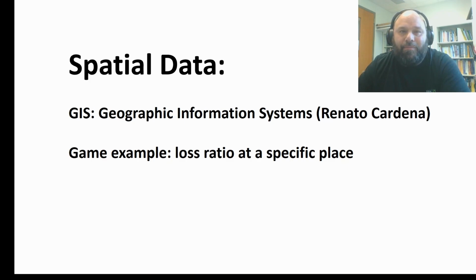You could look at where the character is in the environment and how likely they are to succeed in a given contest, controlling for lots of other things like the skill level and the weapons they use. And so you could assign these percentages, these loss ratios, to various points in the map of your environment and see if there's any weaknesses or if you need to make any changes in that portion of the game in order to equalize things, or maybe you want it to be that way.